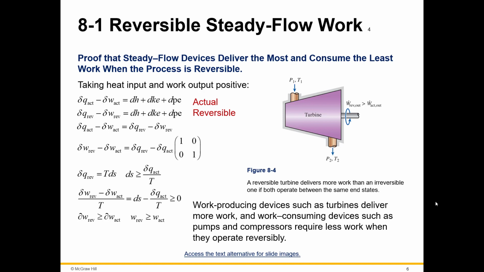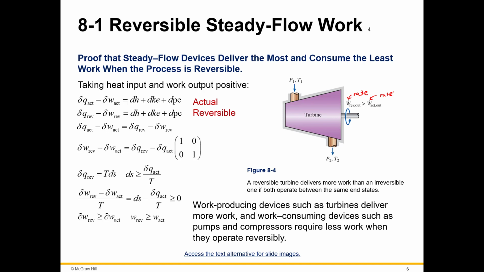We get the work out. The reversible work rate, remember this dot right here denotes rate. Remember that little dot? It's the rate of something. And of course that's going to be higher than the actual work out, because it's under idealized conditions, it's going to be the very best.